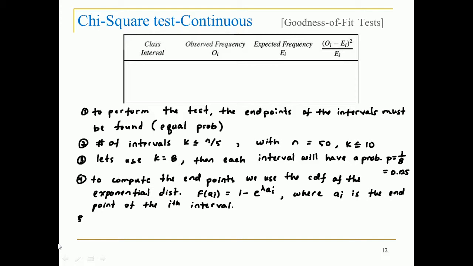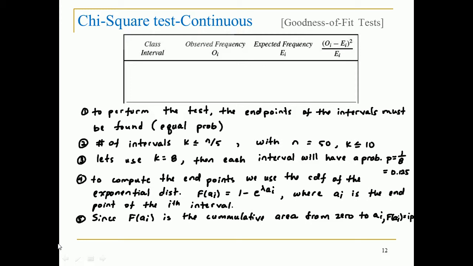Since the cumulative distribution evaluated at a_i is the cumulative area from 0 to a_i, F of a_i equals i times p.